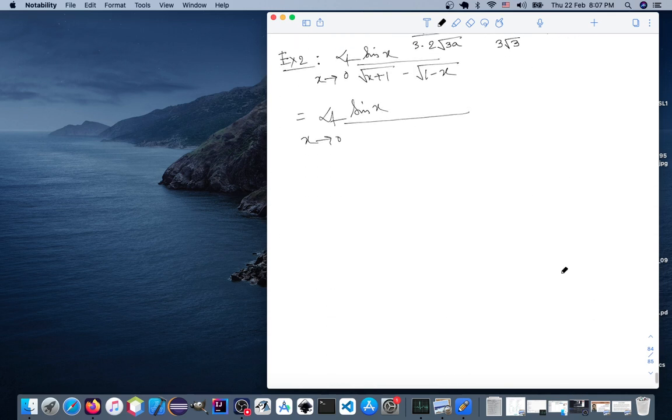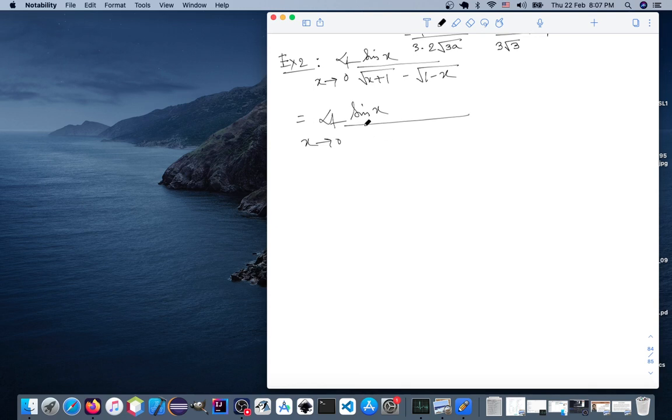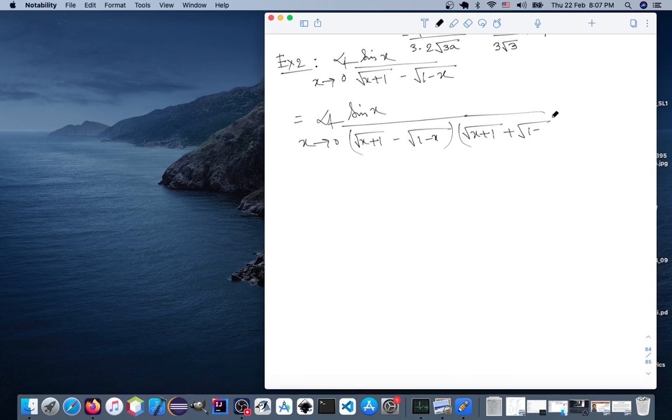So, when we rationalize the numerator, the denominator, we also multiply the same thing with the numerator.